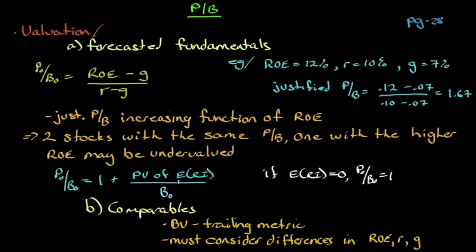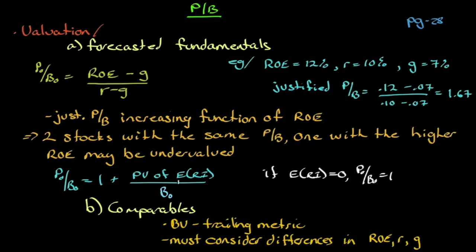The second term is an increase in the price to book based on the present value of all future residual income. That is all earnings in excess of the required earnings just to meet its cost of equity. So if we find the present value of all of that, the higher the future earnings potential in excess of its required return is, the higher the price to book.